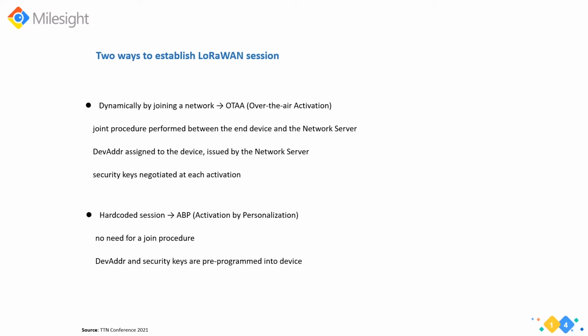ABP is more efficient because you don't need to get approval or wait for the join accept. But it's not as secure as OTAA. If you want to hand over from one LoRaWAN network to another, you may face some trouble using ABP mode.